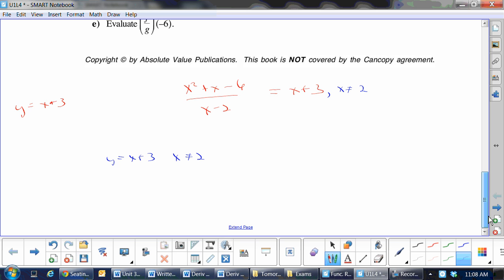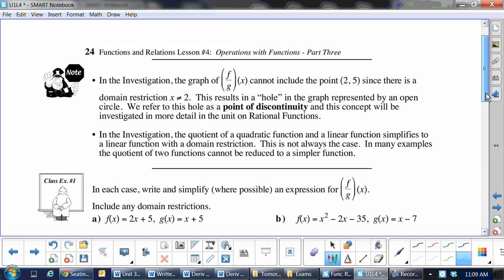So there are several little things that we're going to have to be highly aware of when we are doing these with rational expressions. So here's something you just need to underline. We refer to that hole in the graph as the point of discontinuity. A point of discontinuity is a point that is not allowed because somewhere in the question it was a non-permissible value.